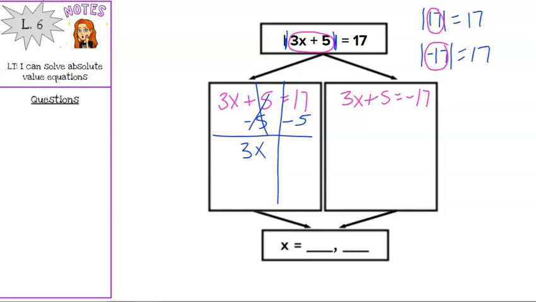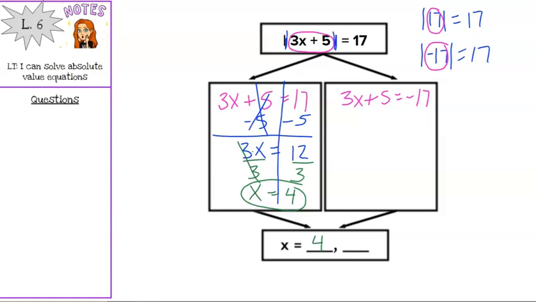We're left with 3x equals 17 take away 5, which is 12. Last step is to undo the times 3 with divide by 3 on both sides. We get x is equal to 12 divided by 3, which is 4. So one of my solutions for x is going to be 4.